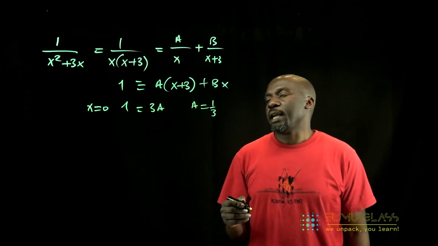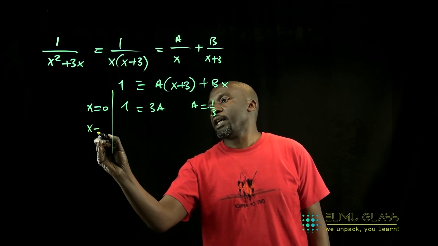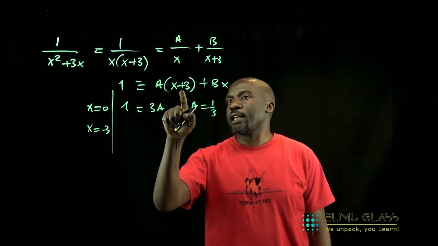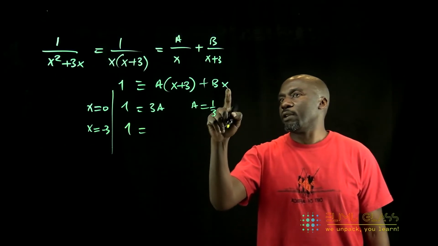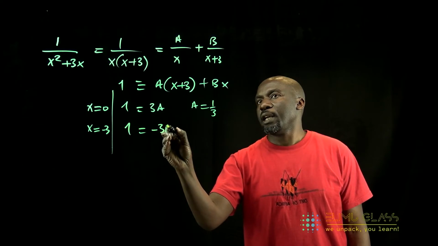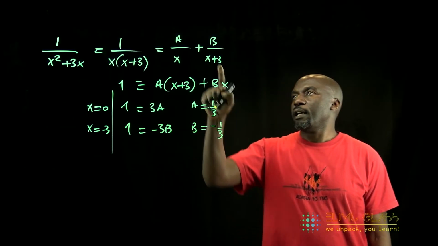Similarly, if we let x be -3, then I can get rid of A here. So the left-hand side becomes equal to -3B. So B is -1/3. That's all.